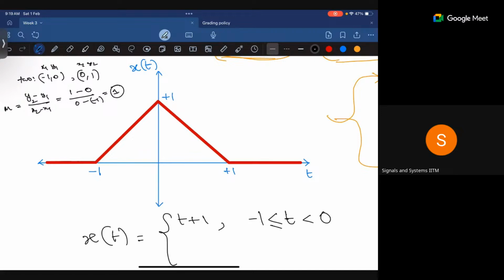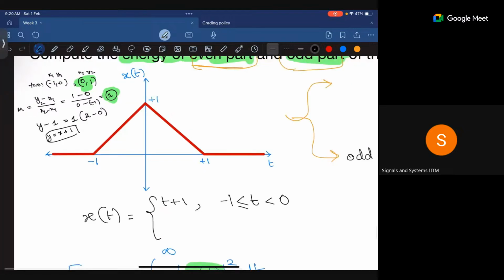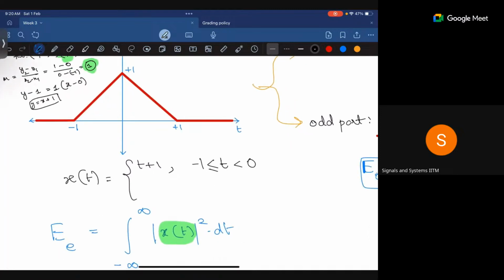I have 1 point, so I write the equation of the line in point slope form: y minus y1 equals the slope, which is 1, times x minus x1. So you'll get t plus 1. I have done this explicitly, but these are all expected from you. So this will be t plus 1.